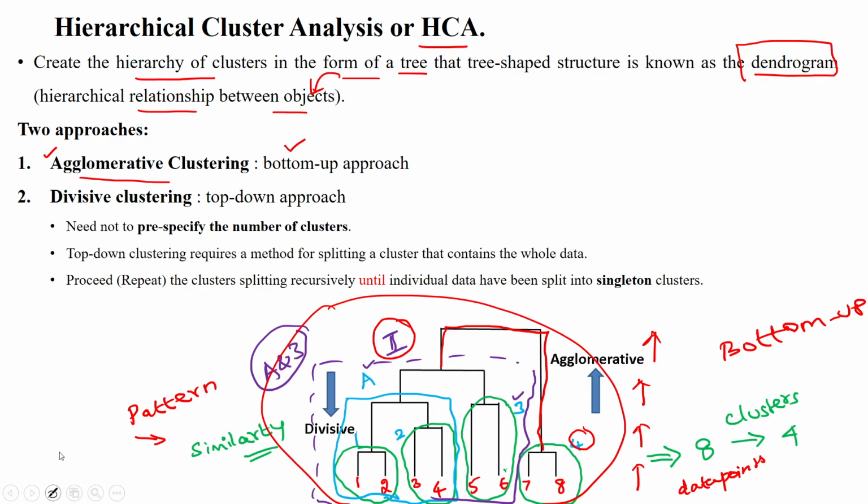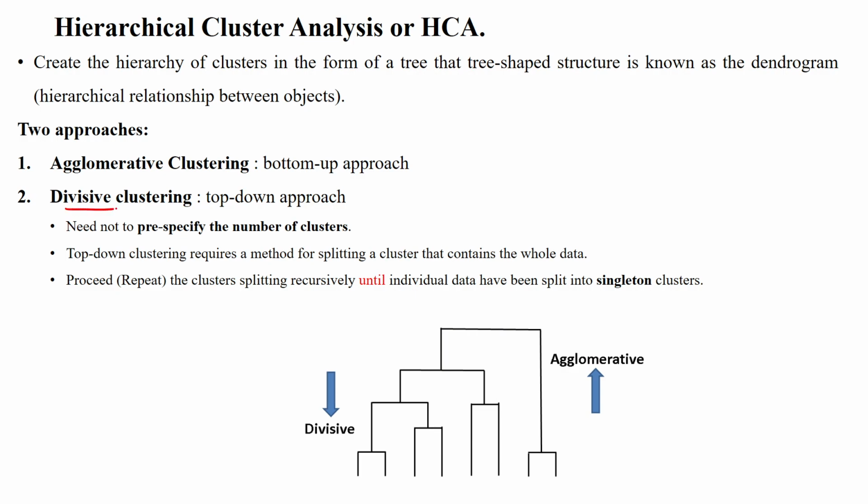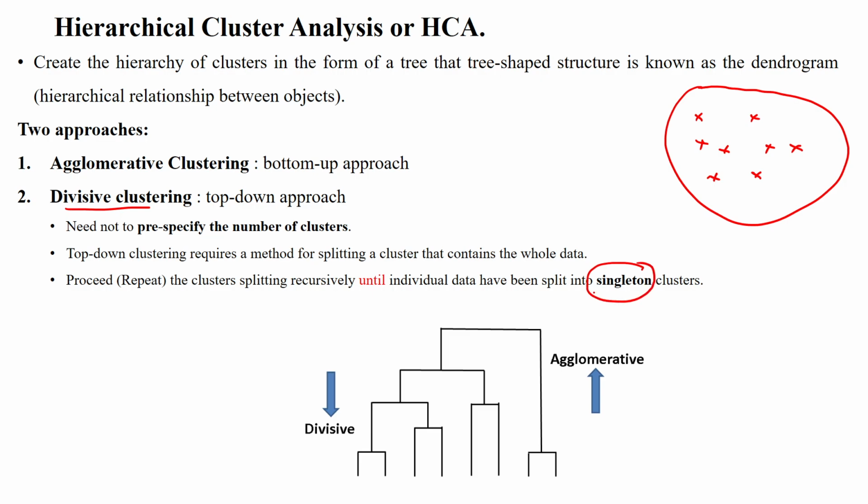Likewise, there is a second approach, divisive clustering, which is a top down approach. We will take a big cluster. Look at this, this entire thing is taken as a big cluster. Here I am having 8 data points, 1, 2, 3, 4, 5, 6, 7, 8. These 8 data points are split until single data points.